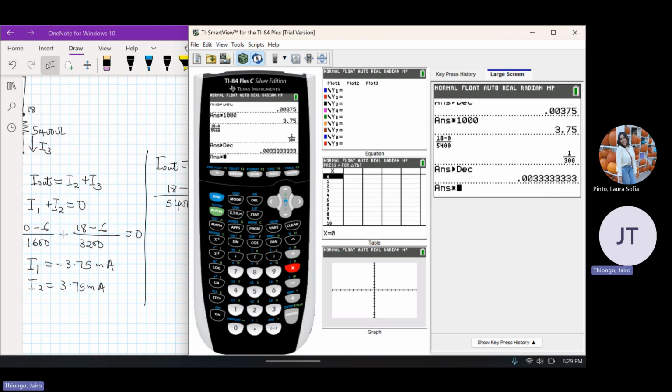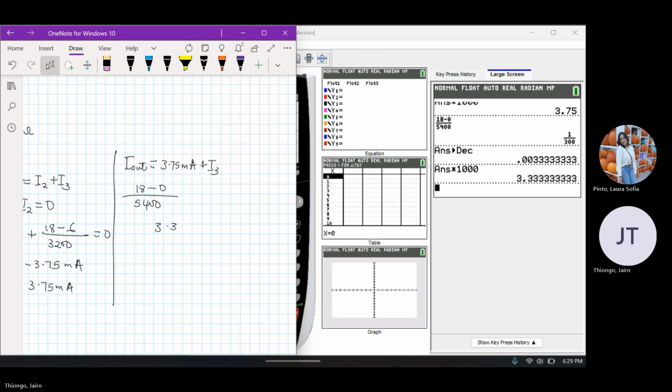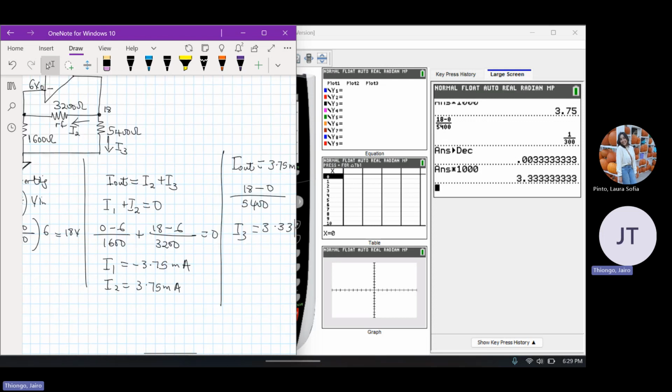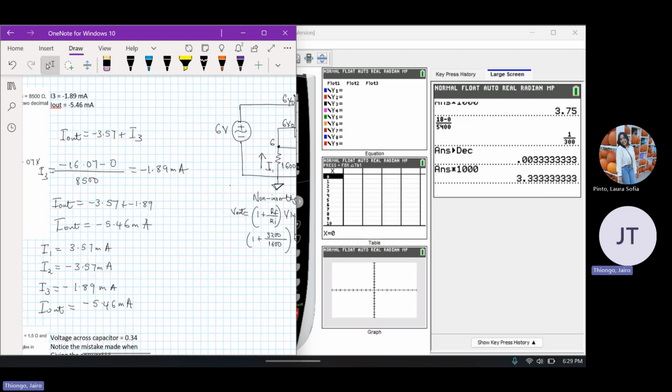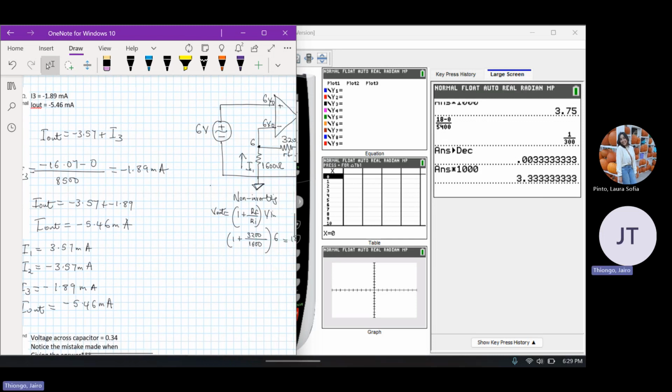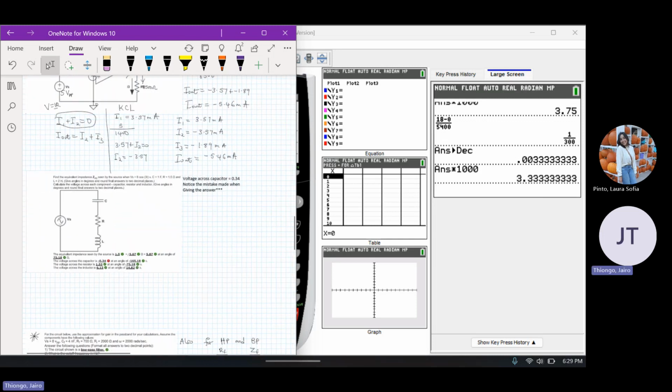Multiplied by 1000, that is 3.33 milliamps. But this was not a question among the questions I had given. This was just a question I decided to show you all, since I believe most of you, if not all of you, will find either of these two configurations on your test. So those are the two approaches that we use to solve this problem. On to our next problem.